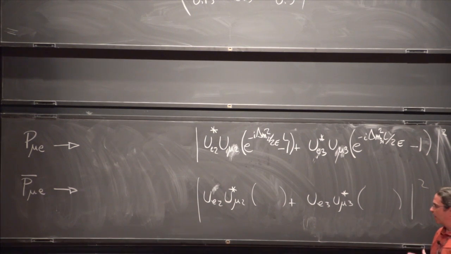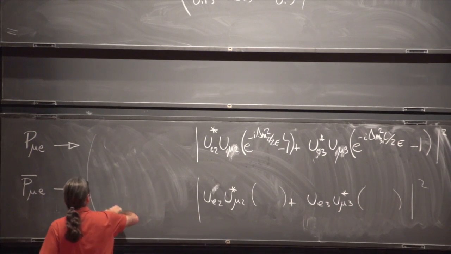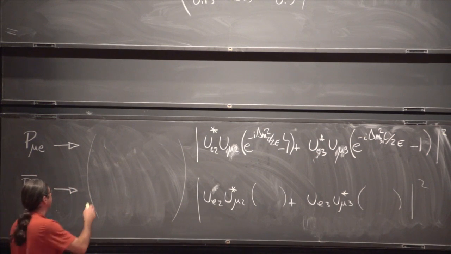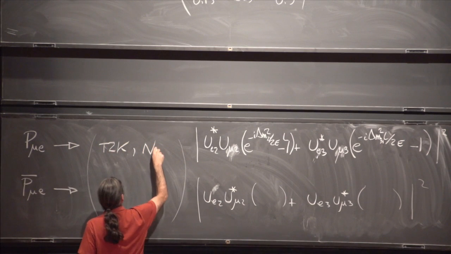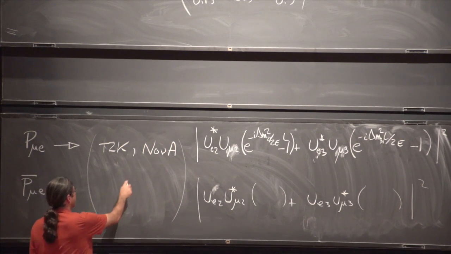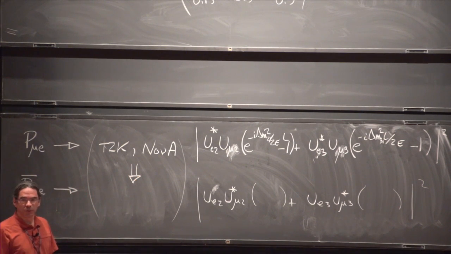And there's a whole list of experiments aiming at doing this. So I'll write them over here for no good reason. Right now, we're paying a lot of attention to the T2K and NOvA experiments. And then the next generation of experiments, which we're hoping to start building very, very soon.